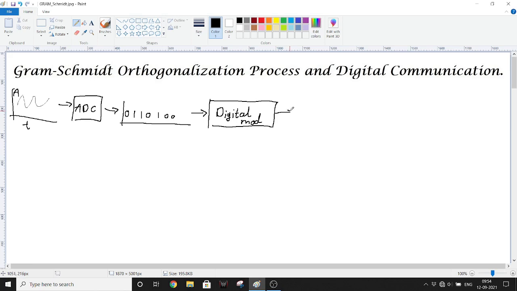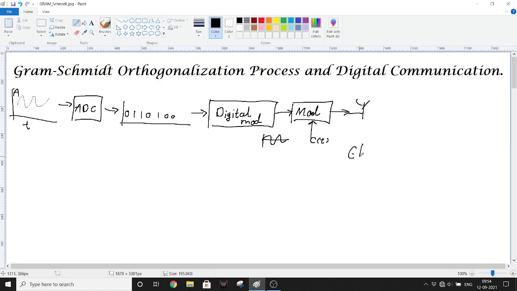So after this we again combine these continuous waves, which are in the form of sine or cosine combinations. We multiply them with a carrier signal and then send it out for transmission.